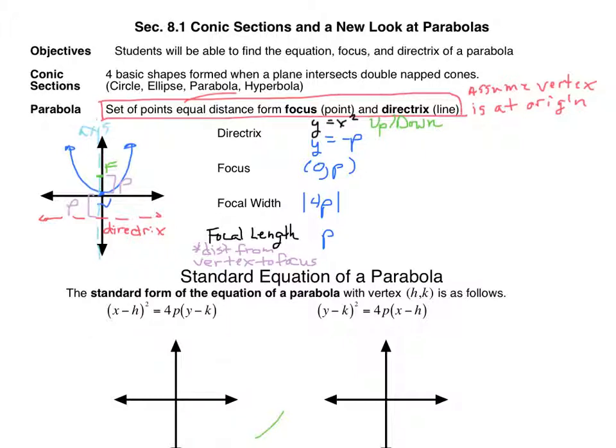You can determine whether your parabola opens up or down by your 4p.